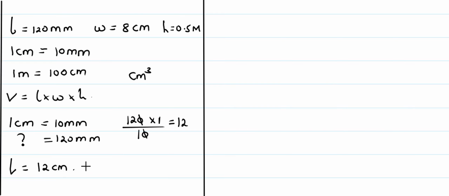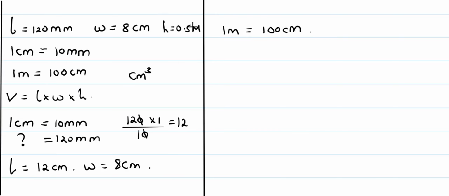Then the width W is already in centimeters, so we don't need to convert anything there. And then the height is 0.5 meters. Sorry, here it is about meters and centimeters. So we have 1 meter is equivalent to 100 centimeters.